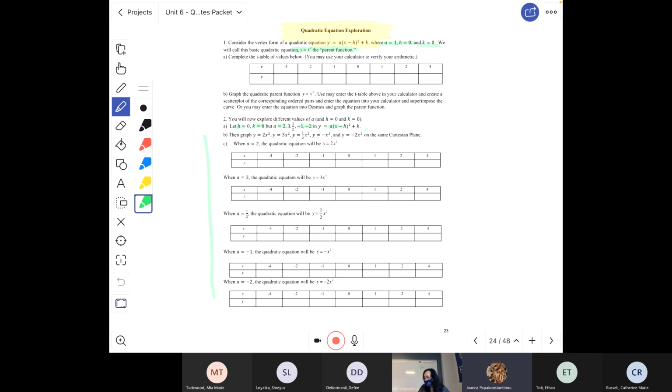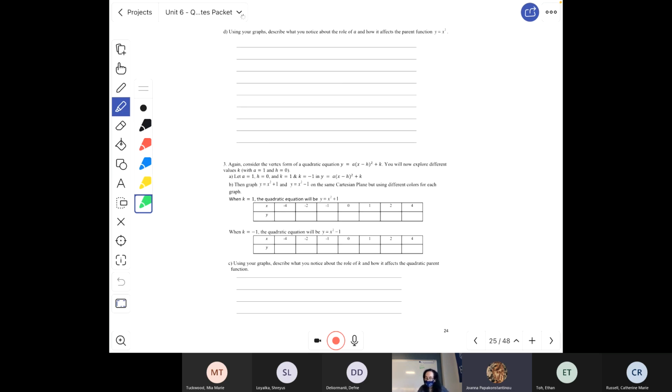Here are some tables that I would like you to populate. If you want to use your calculator to help you with the arithmetic, you can, because we're going to explore, compare and contrast what's happening as we change a, h, and k.